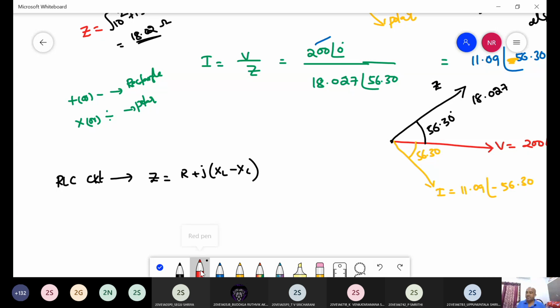Then if it is only an RL circuit, that means in that circuit we don't have the XC. Am I clear? So in the standard Z equation, R plus j(XL minus XC), an RL circuit means we don't have the XC; the capacitor is not there.